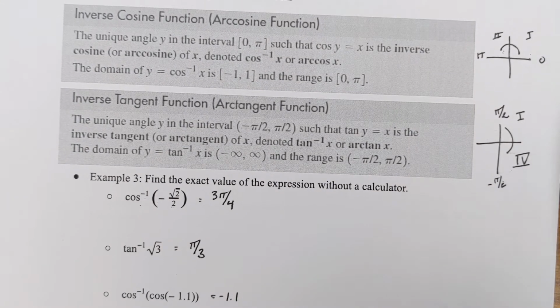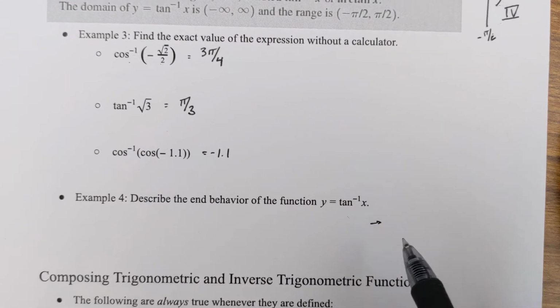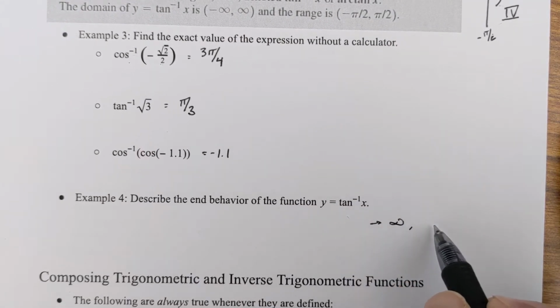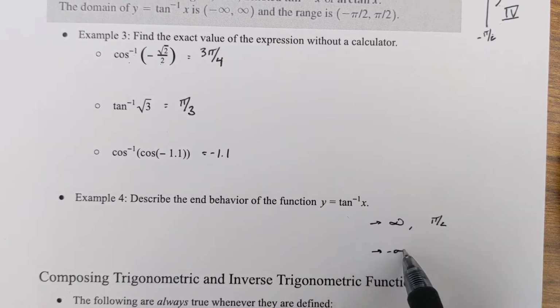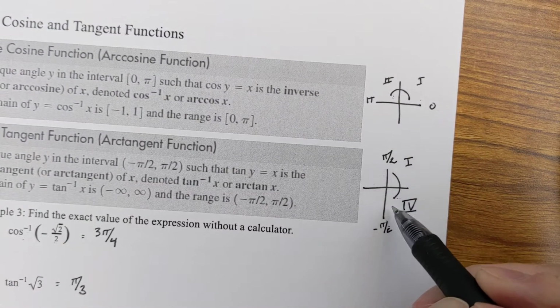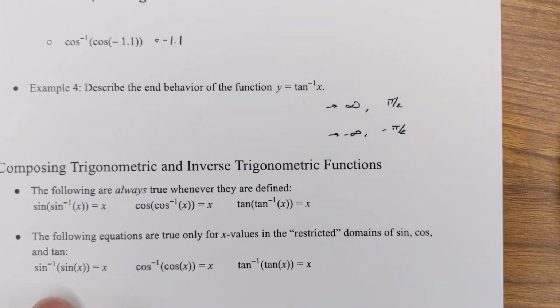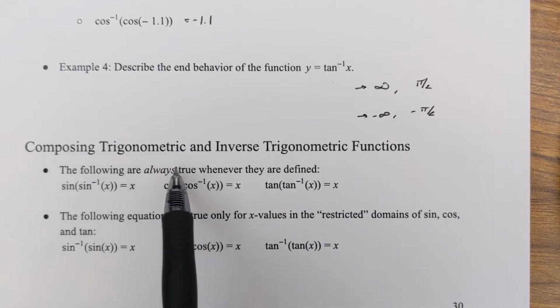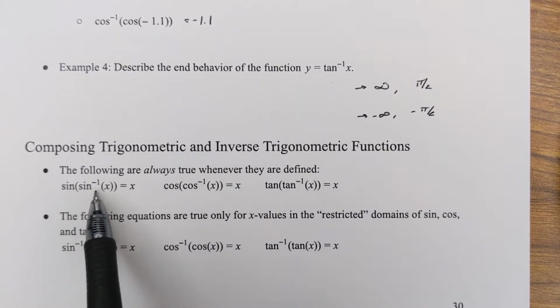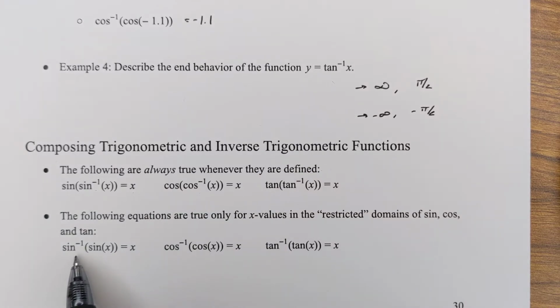So this stays. If I go to positive infinity, this becomes positive pi over 2. If I go to negative infinity, this becomes negative pi over 2, which makes sense because those are the boundaries on the tangent function. So if you compose a trig function with its inverse, they tend to cancel out.